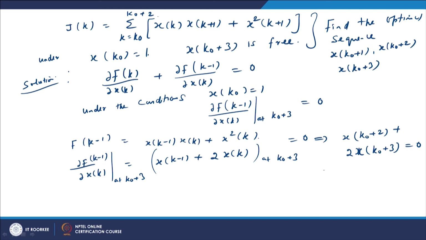We can solve the algebraic equations easily and obtain the optimal sequence for the 3 values; x of k0 is already given. We want to find x of k0 plus 1, k0 plus 2, k0 plus 3. So this sequence is obtained by solving the simple algebraic system.